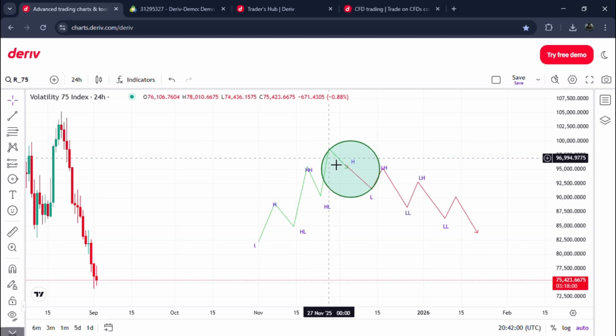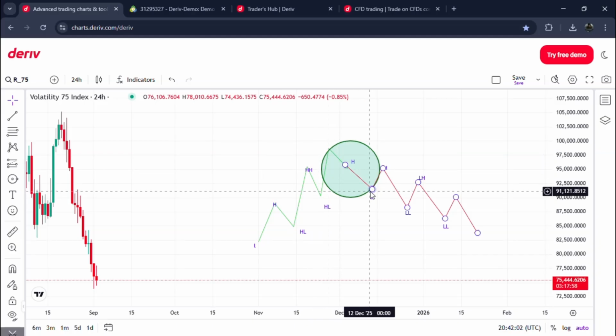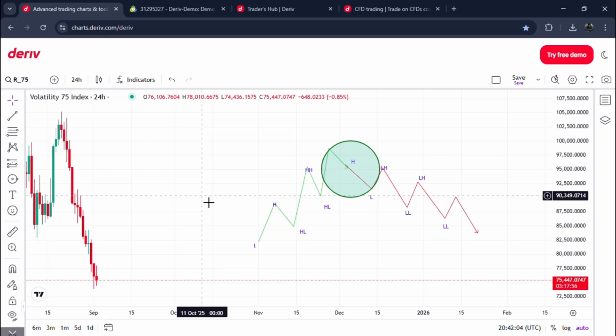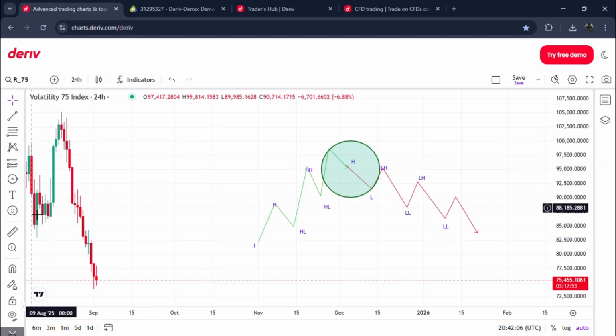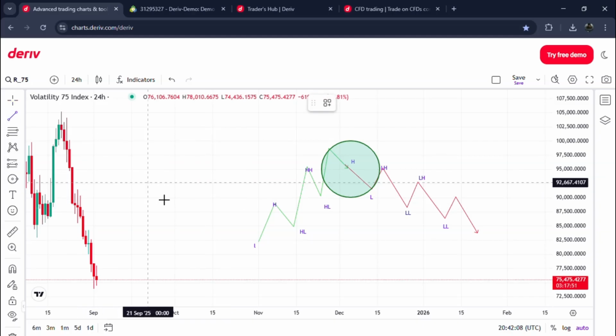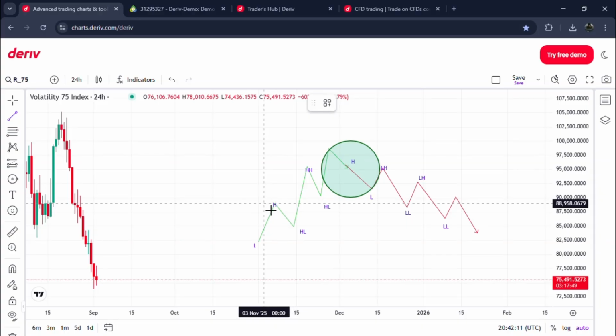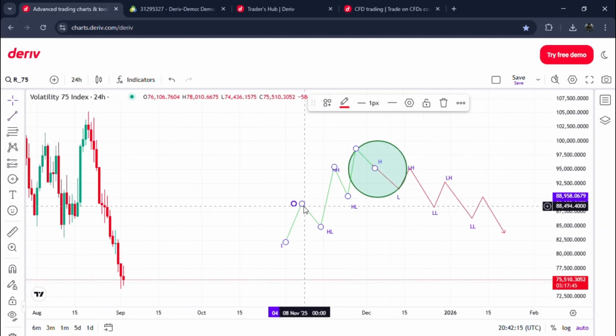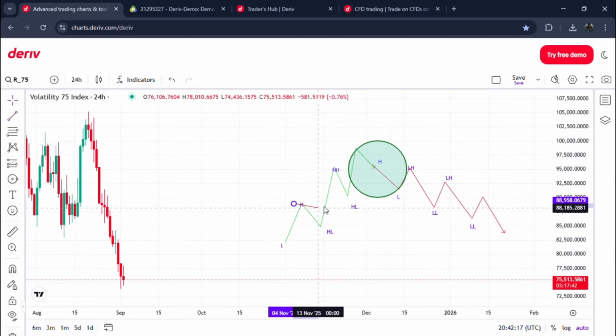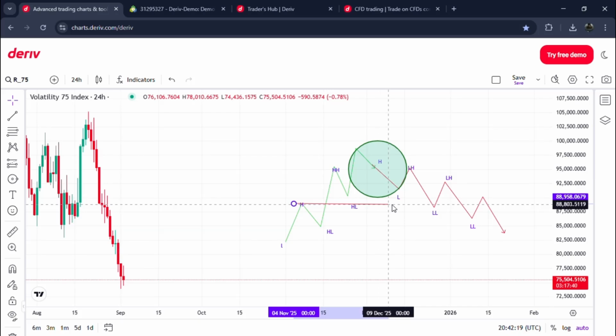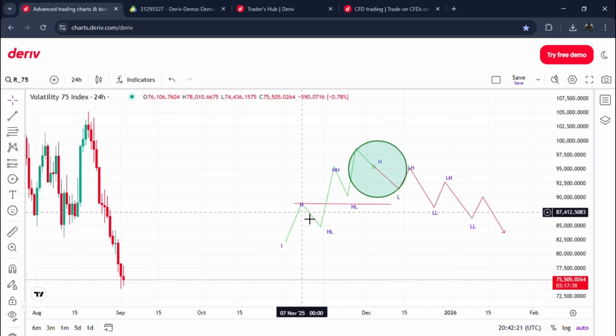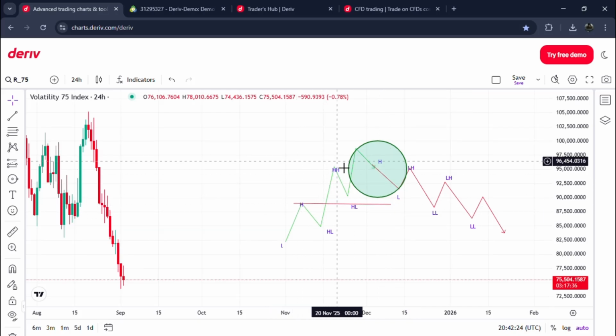But what is a break of structure? A break of structure is when a market breaks the previous peak. When the market breaks above the previous peak, maybe retests and continues, this is what we call break of structure.